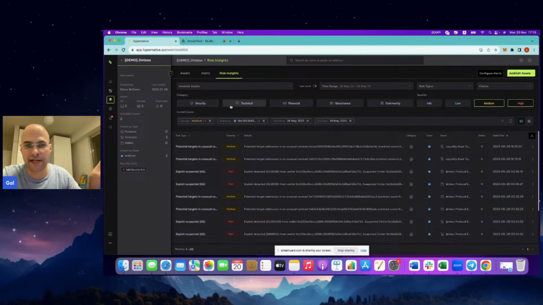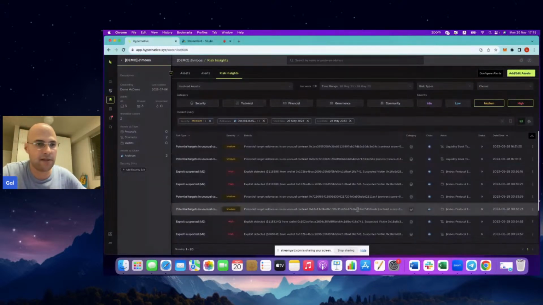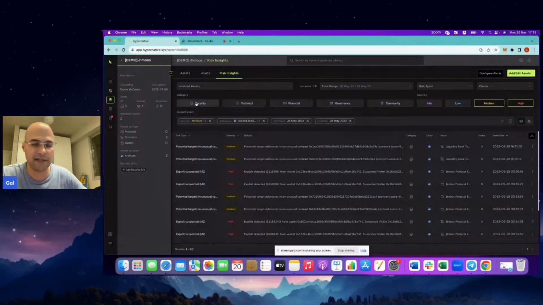And we use a variety of techniques to detect risk. So obviously the most important, and why we are discussing here, is security, right? Essentially detecting hacks, exploits, or anything before it happens in an actionable manner.